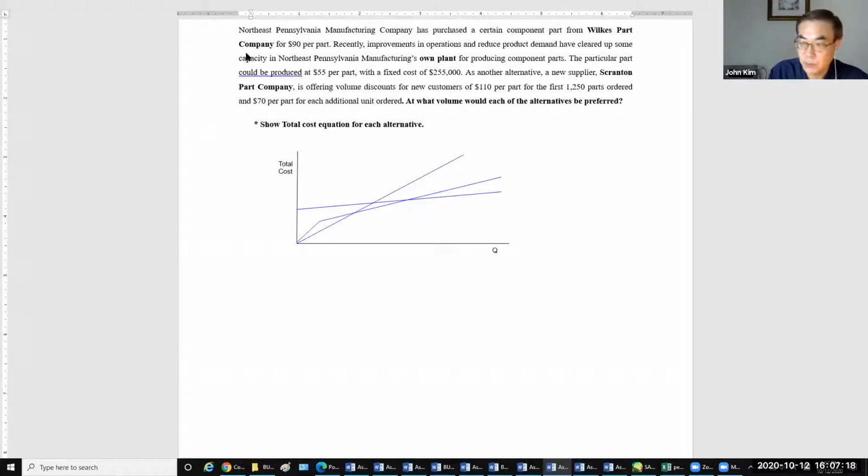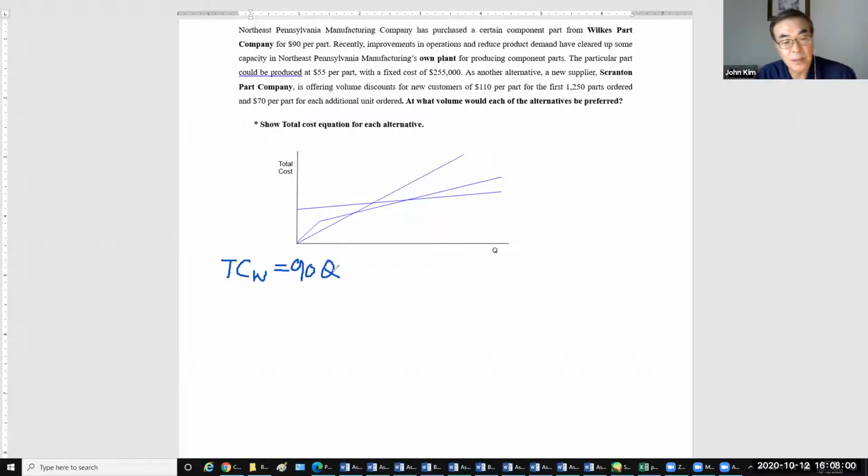So first, total cost equation is TC. TC, let's say W from Wixberry equals just this one, 90 per part Q, because just buy and sell using the part, buy and not sell, just buy and use the part.